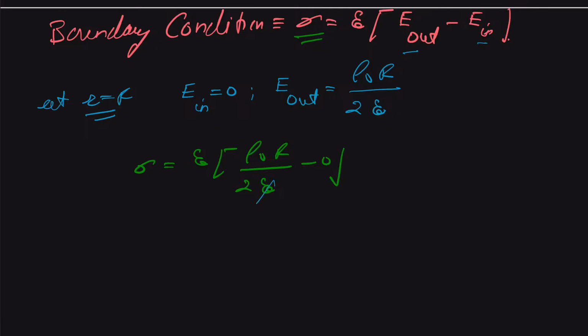And here this epsilon naught goes away, so we get our charge is equal to rho naught R upon 2. So in the previous question we dealt with this using L negative and L positive. Here we are dealing with this as out as well as in. We can do as you feel comfortable.